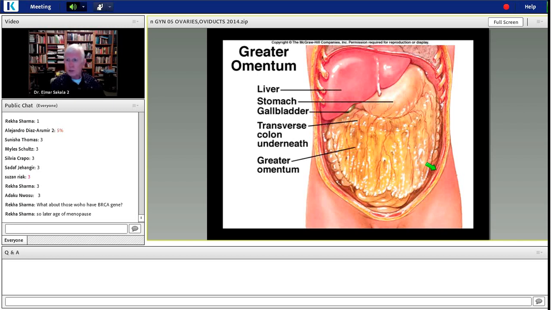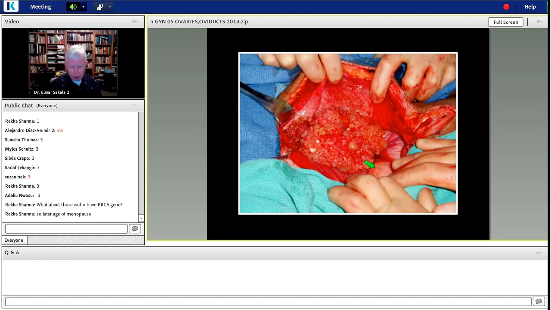I mentioned we do a TAH and bilateral salpingo-oophorectomy, and also take out the omentum. This is the omentum. The omentum is the fatty apron, and what happens is a lot of the tumor will go to the omentum. So if you want to debulk the tumor, take out as much of the tumor, you need to take out the omentum.